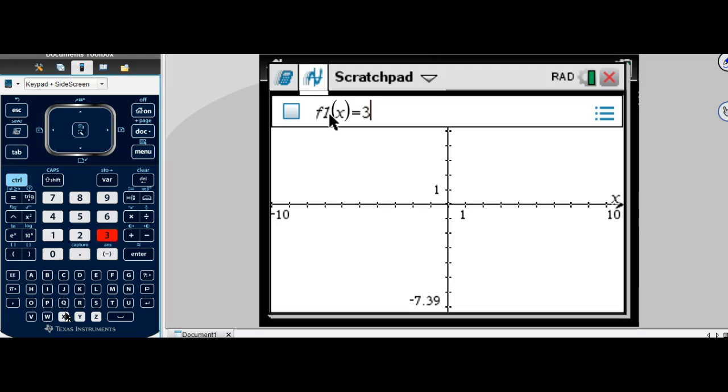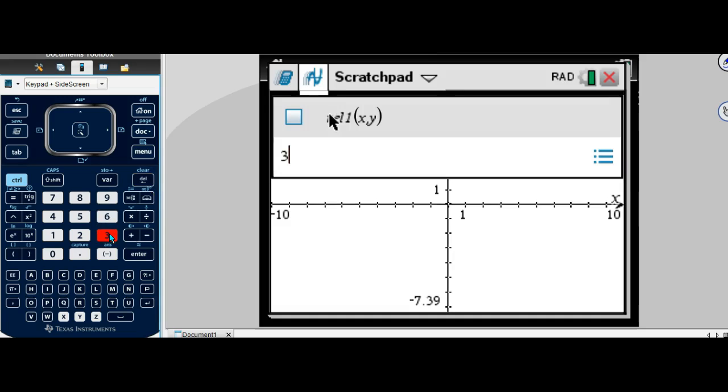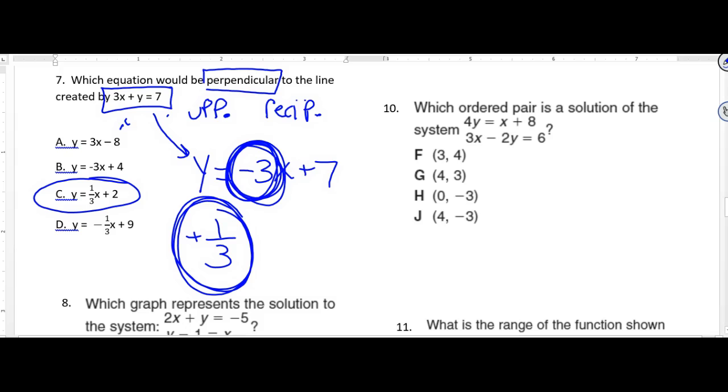Erase the equal sign, go to relation. 3x plus y equals 7. There's our line. Now all I got to do is figure out which line is perpendicular to that. So, look at your answer choices, graph them all until you find one perpendicular.